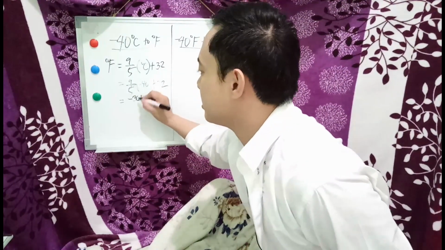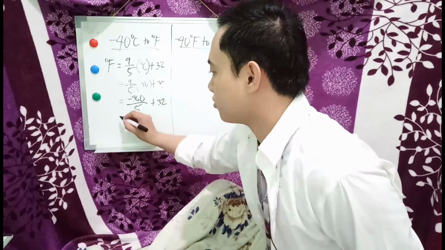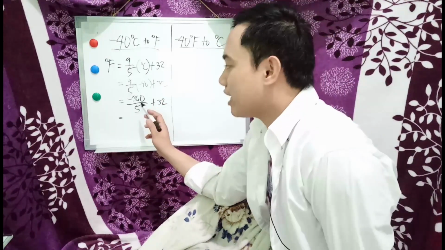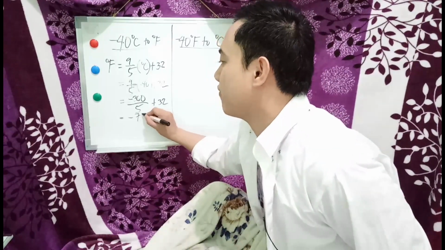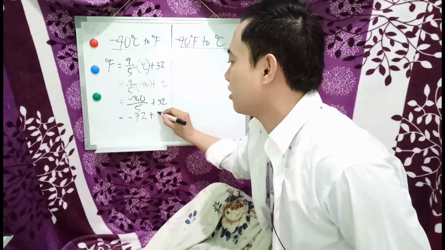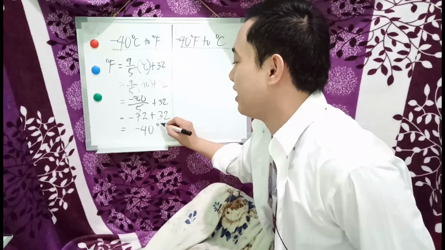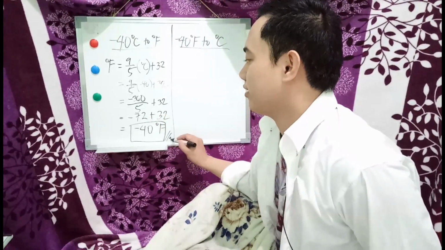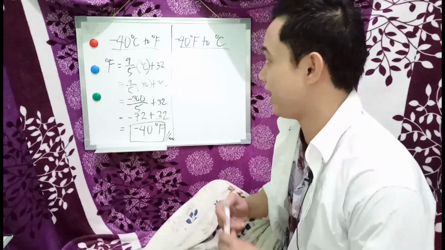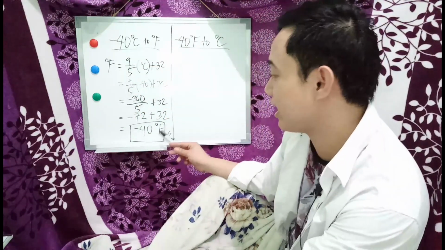Negative 360 divided by 5 plus 32. So, negative 360 divided by 5 is equal to negative 72 plus 32 is magiging negative 40 degree Fahrenheit. Diba? Negative 40 Fahrenheit.